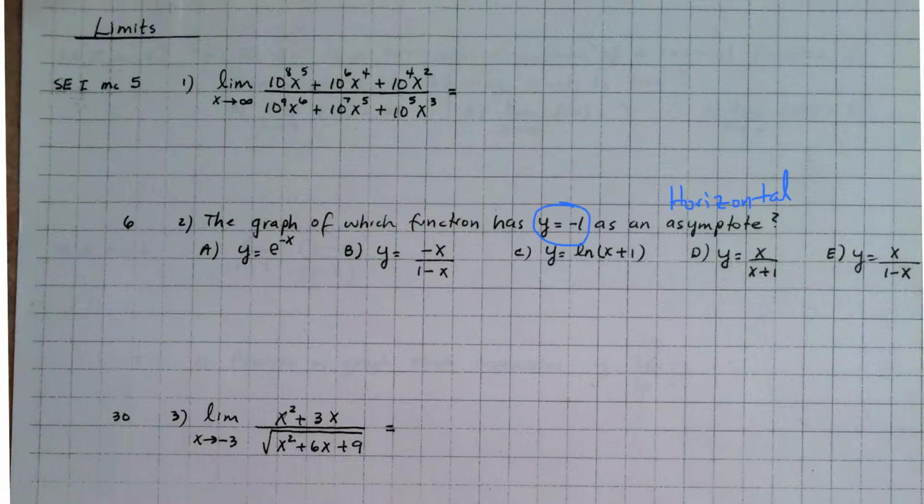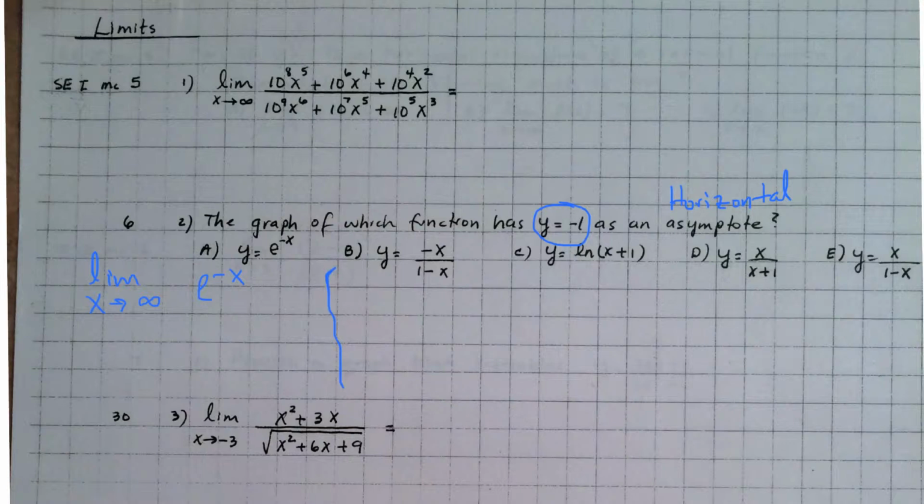Well, we took some notes on horizontal asymptotes, and we said in class that if you take the limit as x approaches infinity or negative infinity of the function, then that's the way to find the horizontal asymptotes. So you're going to have to take the limit of each one of these as x approaches infinity.